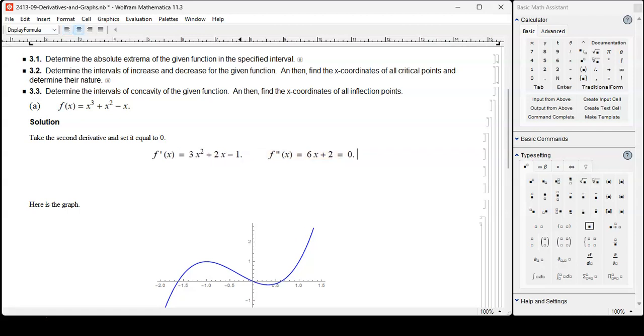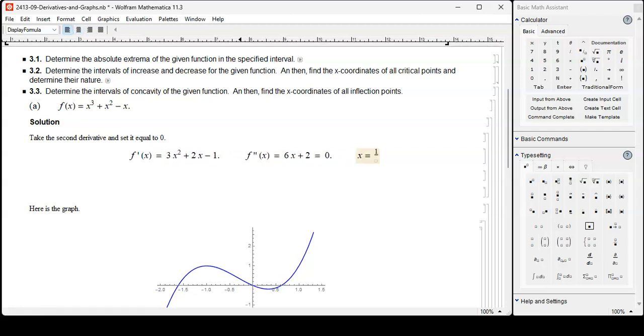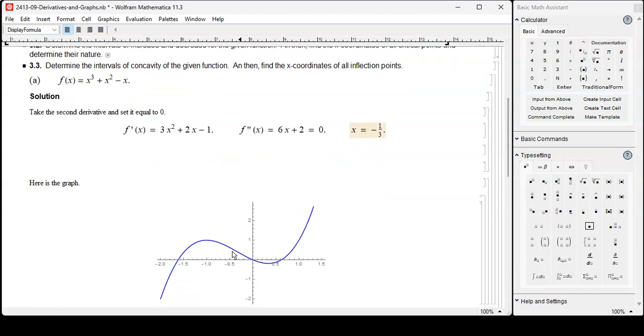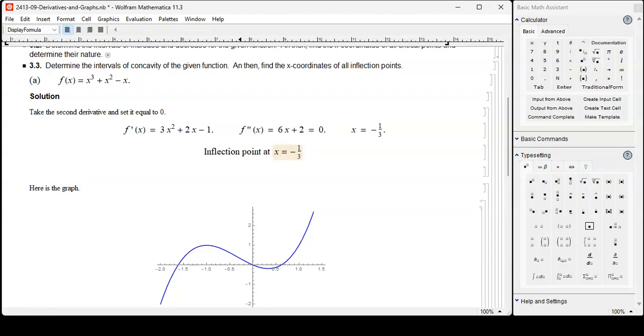And that gives me x equals negative 1/3. Do you see that? Negative 6 seconds. So right here, negative 1/3, we have the inflection point. Negative 1/3.